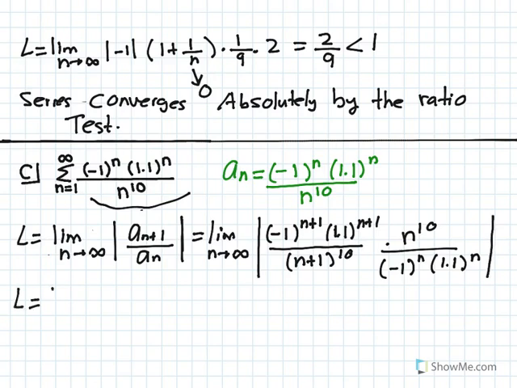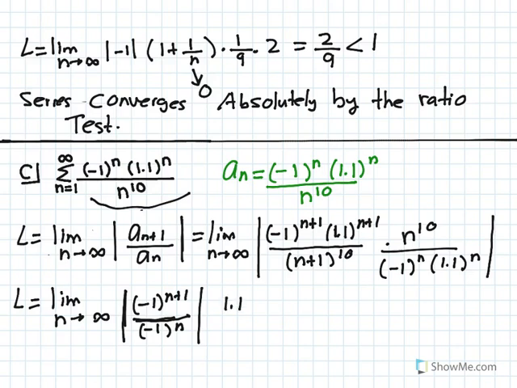So L is equal to the limit as n approaches infinity of the absolute value of negative 1 to the power of n plus 1 divided by negative 1 to the power of n. And all the other terms are positive, so we don't need the absolute value for the other terms. 1.1 to the power of n plus 1 divided by 1.1 to the power of n, times n to the power of 10 divided by n plus 1 to the power of 10.